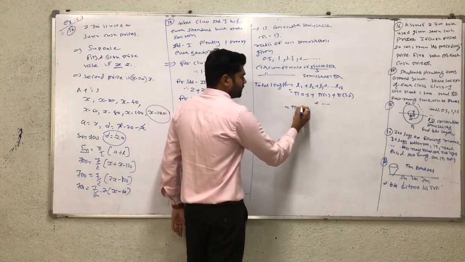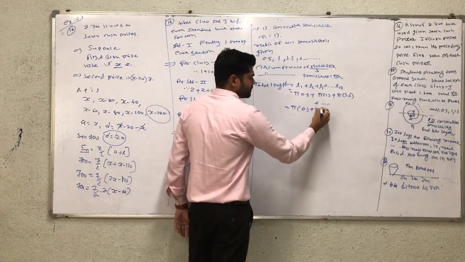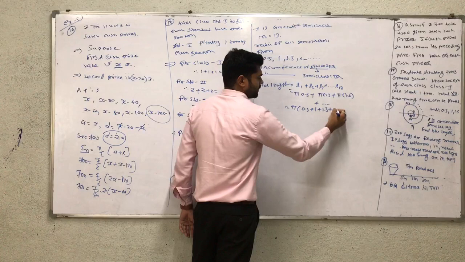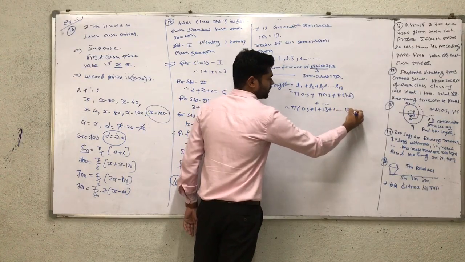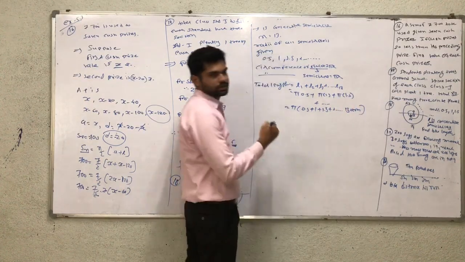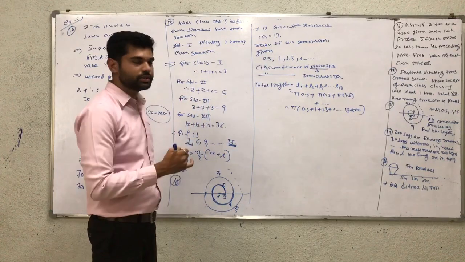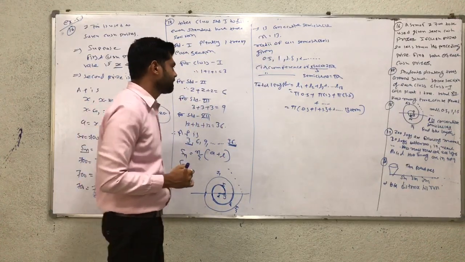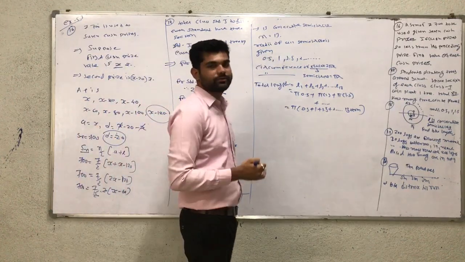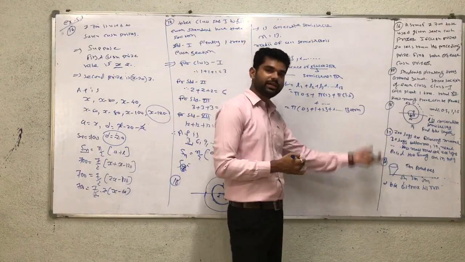So pi is common, therefore 0.5 plus 1 plus 1.5 up to 13 terms. The 13th term is 6.5. So the last answer is 6.5 into pi.